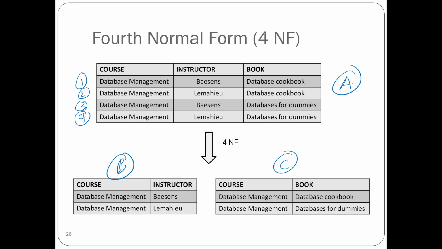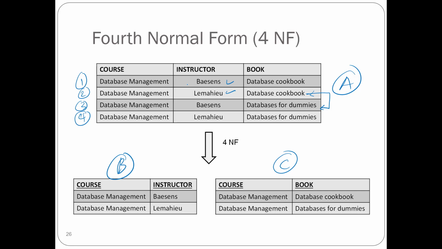B and C is what we get after we decompose A. So database management has these two books, the database cookbook and database for dummies. So these are the two textbooks that we have for database. And there are two instructors, instructor 1 and instructor 2. So that's the original table that we have. We need to break it down in accordance with the relations that you saw in the previous slide.